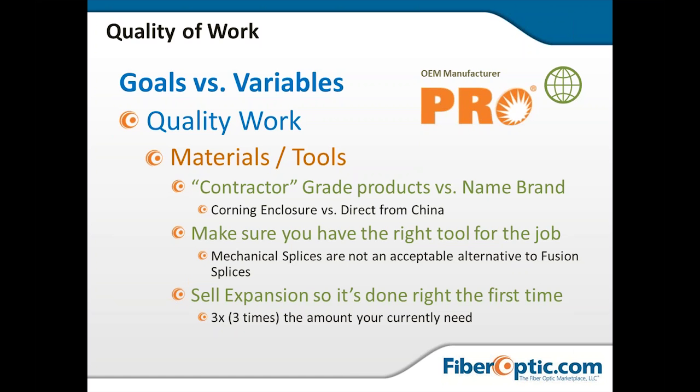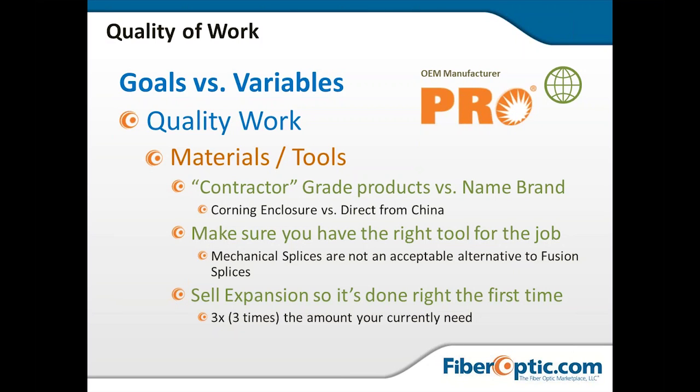Make sure you have the right tool for the job. Mechanical splices are typically used for what is called a temporary repair. So if someone's going to come in and provide you a quote for splicing or setting up a network and they want to put in mechanical splices, I would question that. It's probably for contractors who don't have fusion splicers.